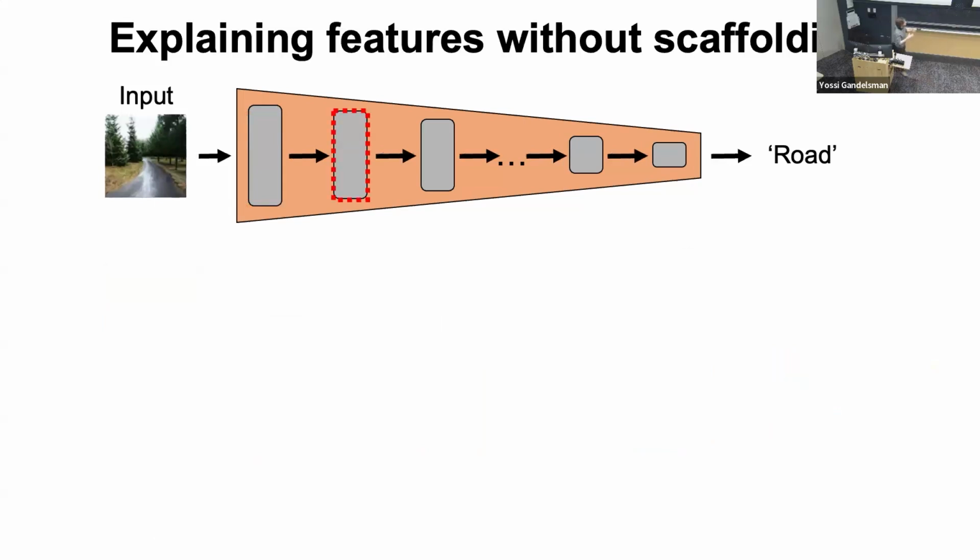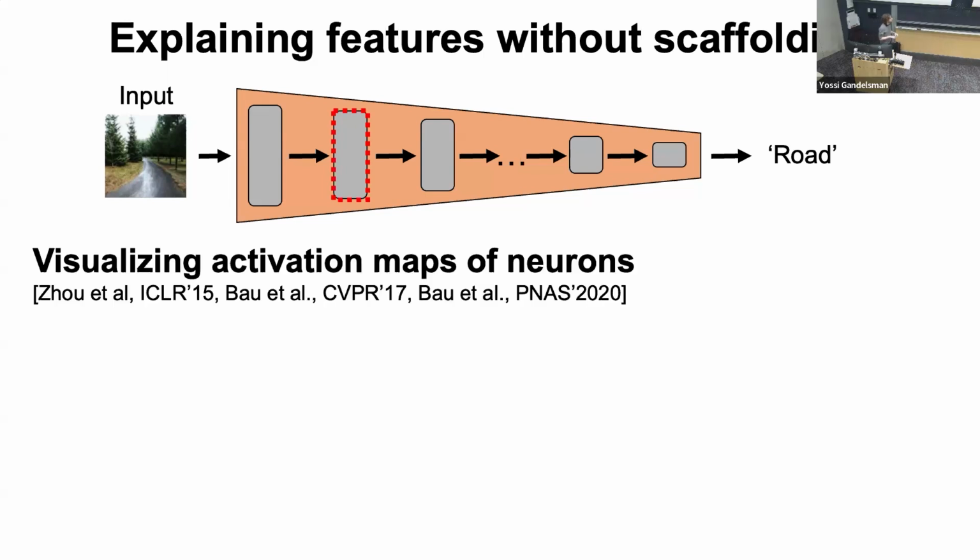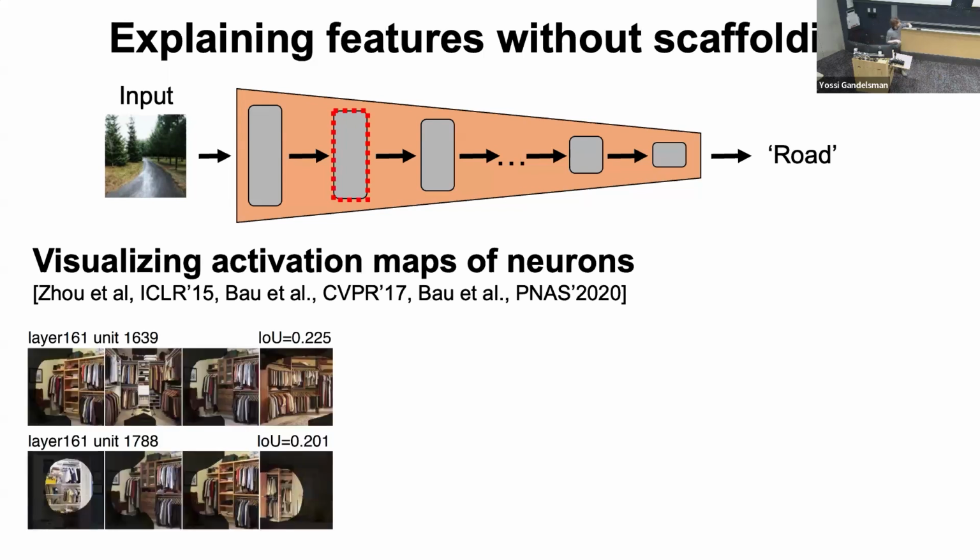Basically, how can we explain features without the scaffolding, without adding additional components that might corrupt the real understanding, the real information that is in the space? And people tried to do that in the past. If you look at papers from 2015, papers by David Bau and Antonio Torralba and others, you would see that individual neurons in models correspond to individual features.